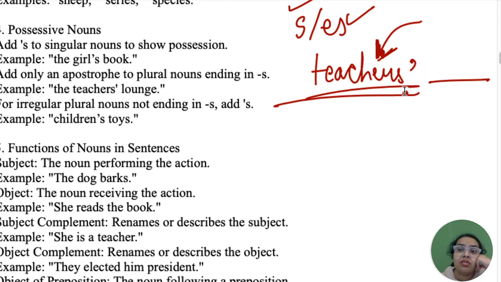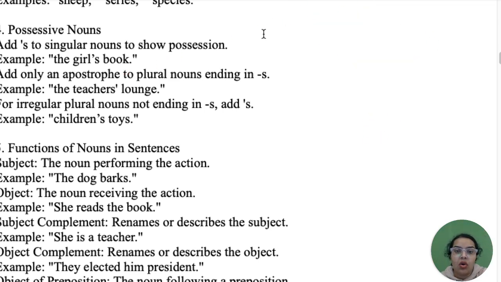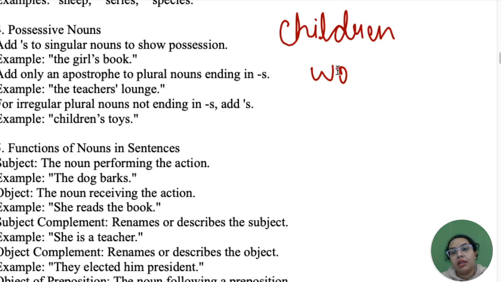You get questions based on this small thing called apostrophe. Also, when you are doing essay writing, precis writing and all, you should know where and how to use it. There are irregular plurals, where you get a plural which is not ending in s. Children, women.